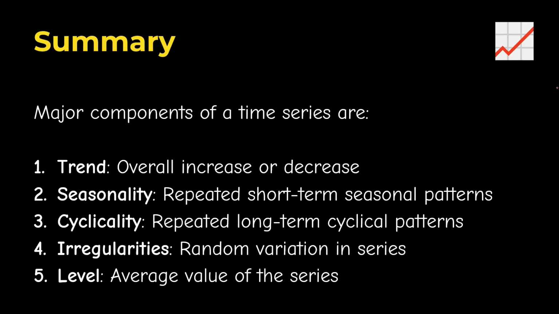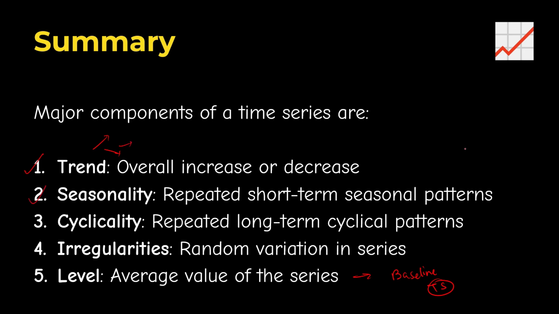Let's summarize everything that we have studied so far. We've seen the major components that come together to build up a time series, right? Let's go backwards. Level is the baseline, and when you stack all the different components on the level, you get back the time series. The components are trend, which is the overall growth or downfall, or no trend.